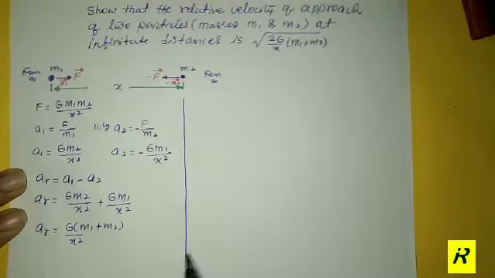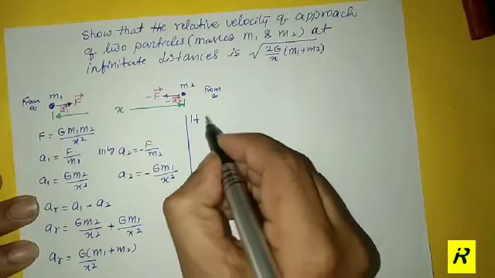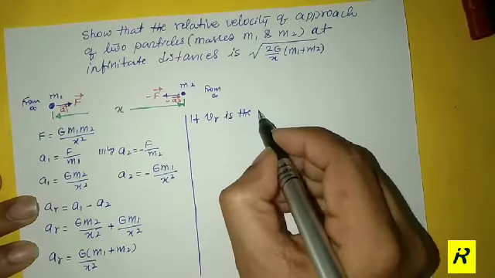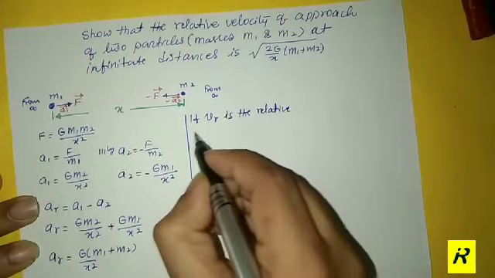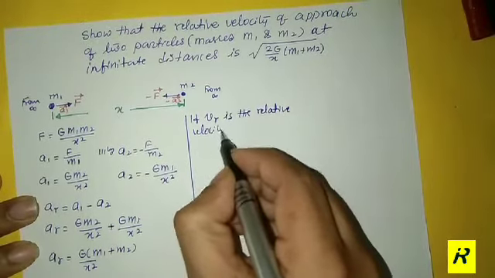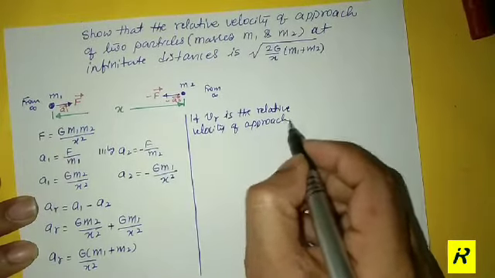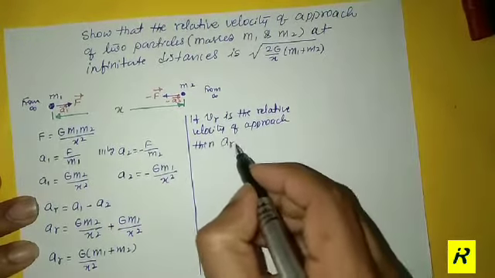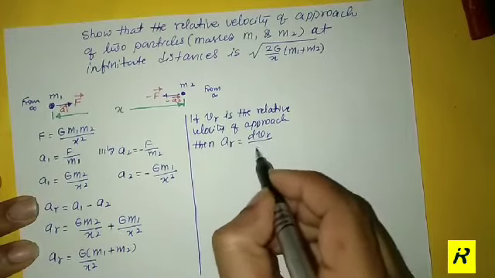Further, if Vr is the relative velocity of approach, then in place of ar we can write dVr by dt.